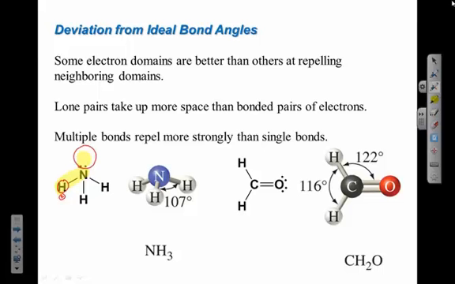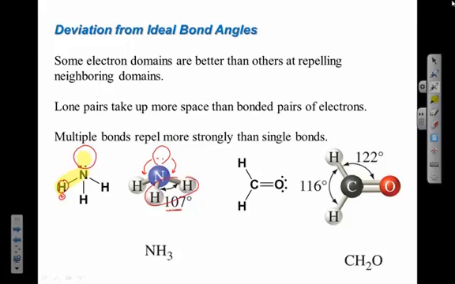It's just completely occupied and populated by negatively charged electrons. So the negatively charged electrons that are here repel the bonded pairs a little bit more than the bonded pairs repel one another. So between the bonded pairs, we have an angle that's a little bit smaller than the expected ideal angle for a tetrahedral, which would be 109.5.